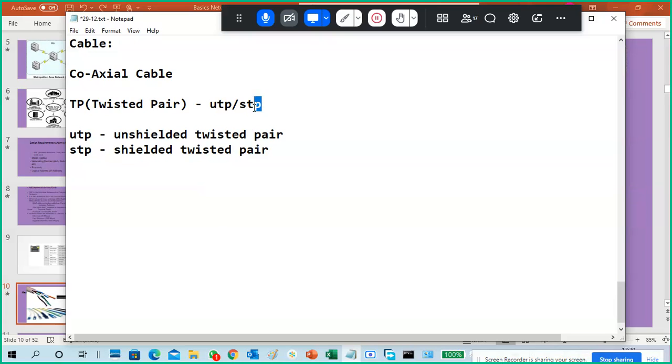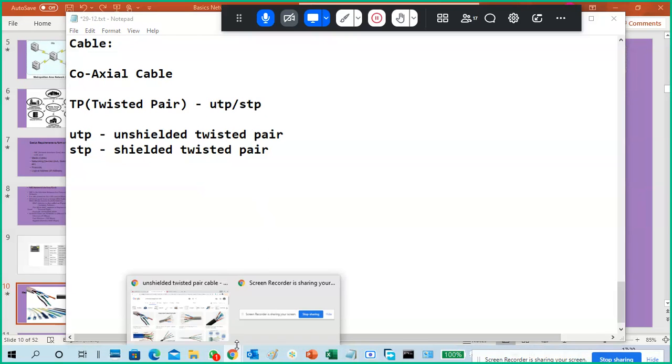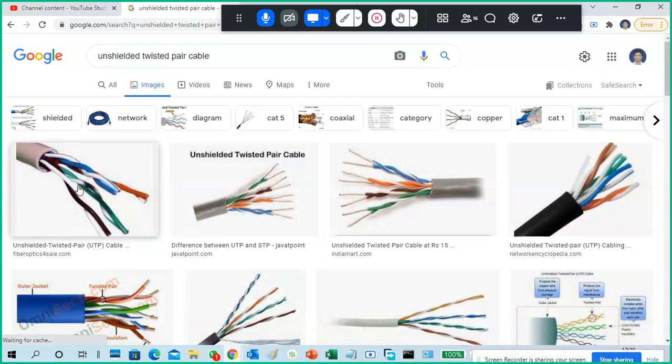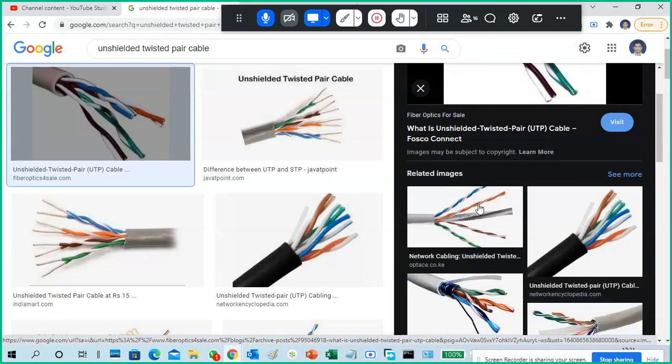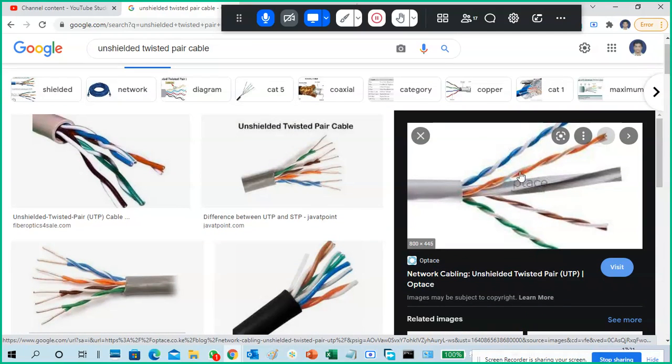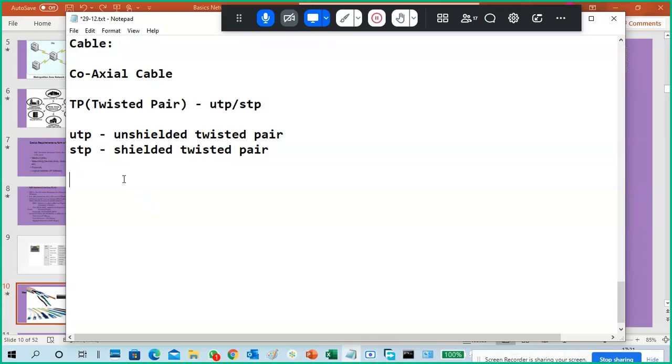So what is this twisted pair? Inside the cable there are 8 wires. Each pair of the cable is twisted around each other, mixing like this. You can see clearly twisting, twisting, twisting. Totally it has 8 wires, so it is also called a 4 pair cable because 4 pairs are there.